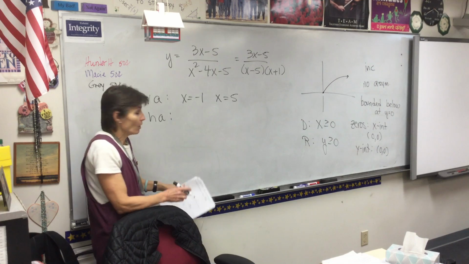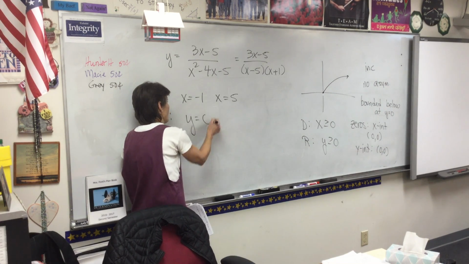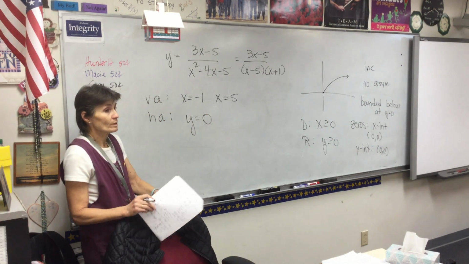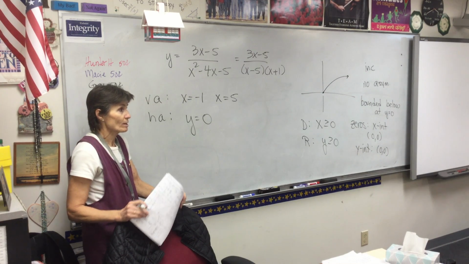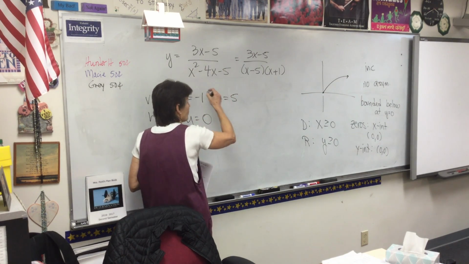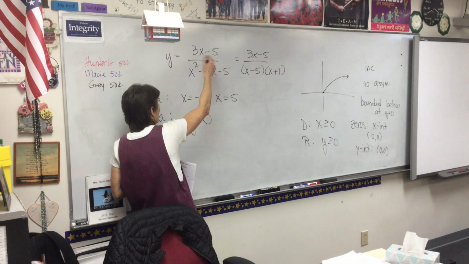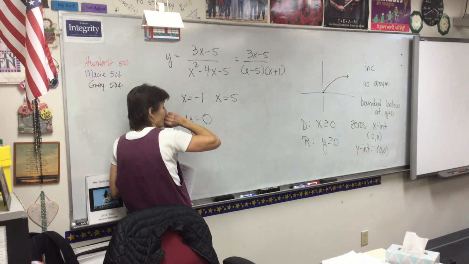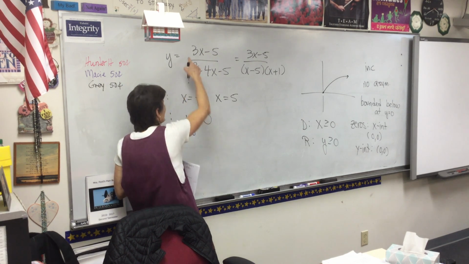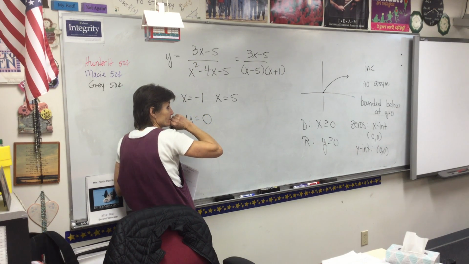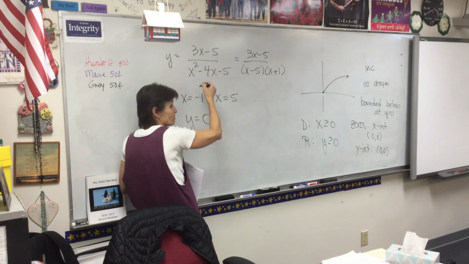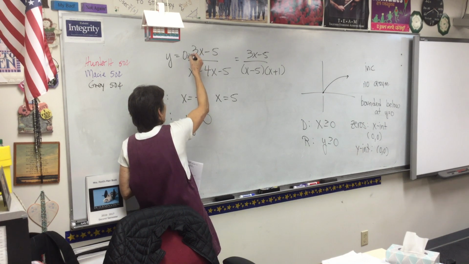No, the horizontal is 0. And the reason that the horizontal is 0, this is a little tricky, but look at your original problem. What's the highest power we have? X squared? You don't have one on the top, right? It's tempting to look at these, but you can't. The powers have to match.